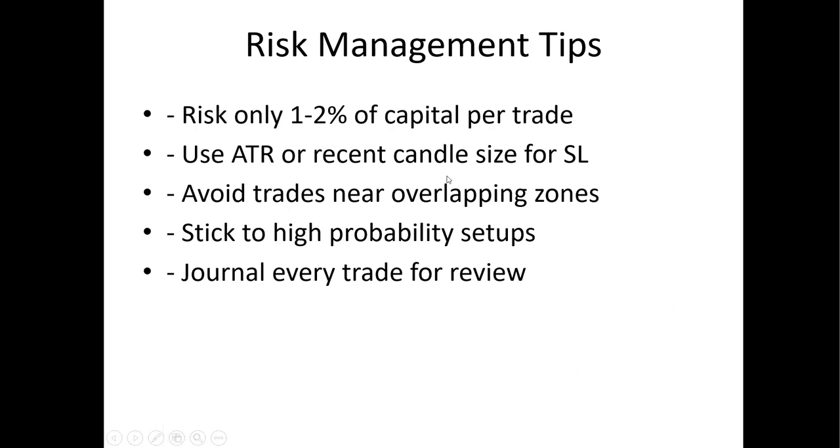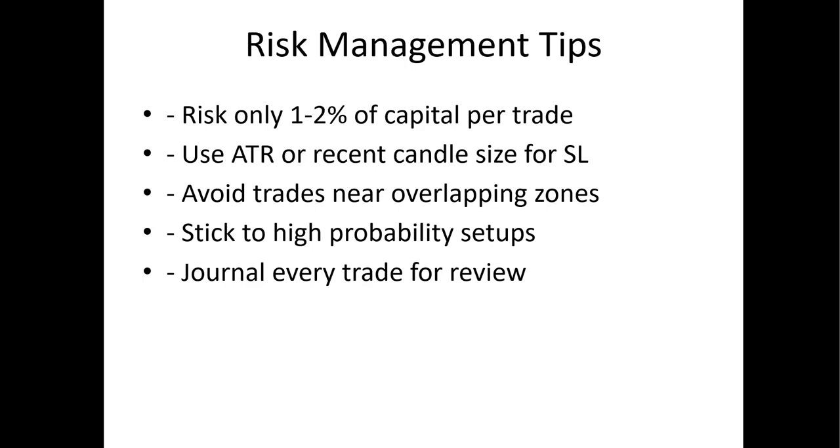You have to have risk management. Only 1 to 2% of capital per trade. And you should avoid trades near overlapping zones. Sometimes zones will overlap. On the hourly also, hourly high and low will be overlapping sometimes.